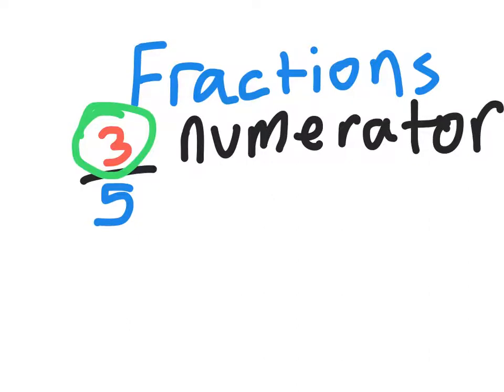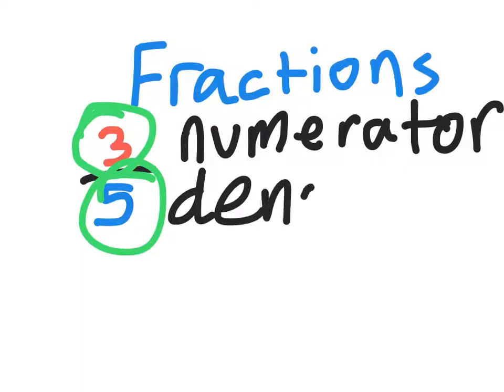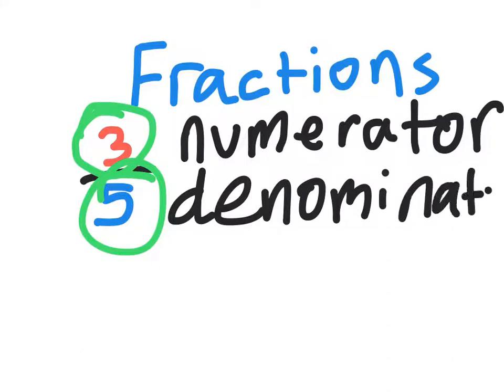And then the bottom number down here, this number is called the denominator. So we have the top number, the numerator, and the bottom number, the denominator.